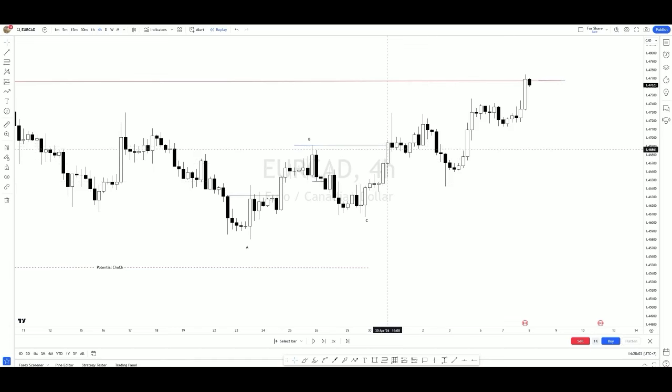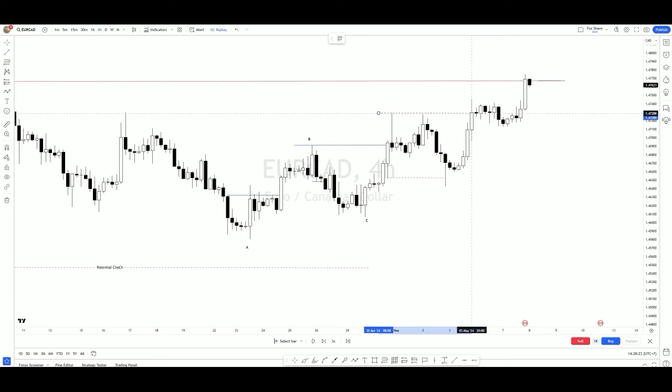If we look at this candle over here, this bullish candle, we can see its low is broken, but only by candle wick. And the high here is broken by candle body.